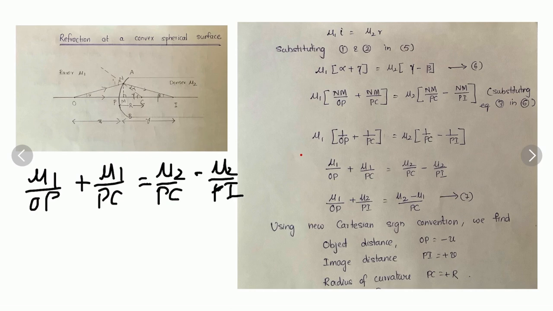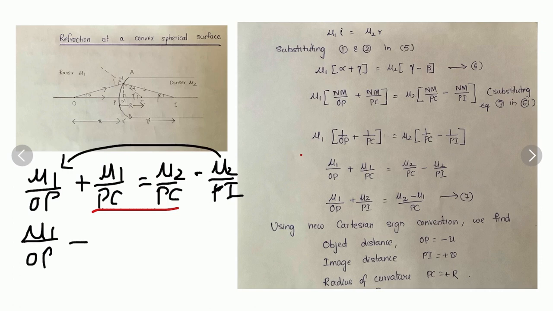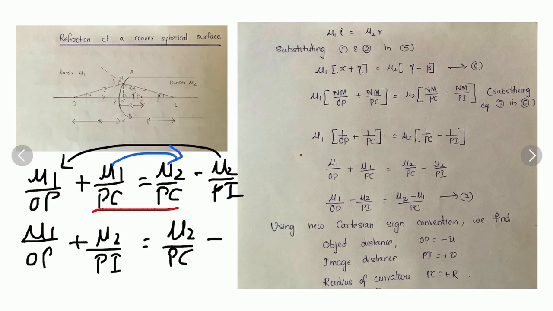So now if you see, in two terms Pc is common. So we will rearrange the terms. Mu 1 by OP, this I will bring to this side, which becomes plus mu 2 by Pi is equal to mu 2 by Pc. Then I will bring this to the left side, it becomes minus mu 1 by Pc.